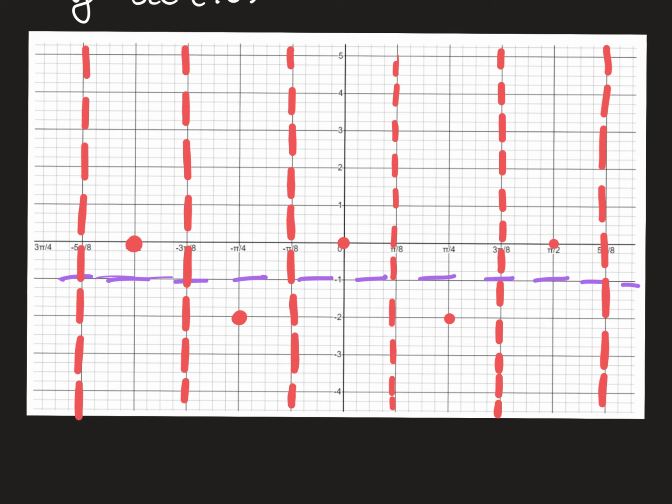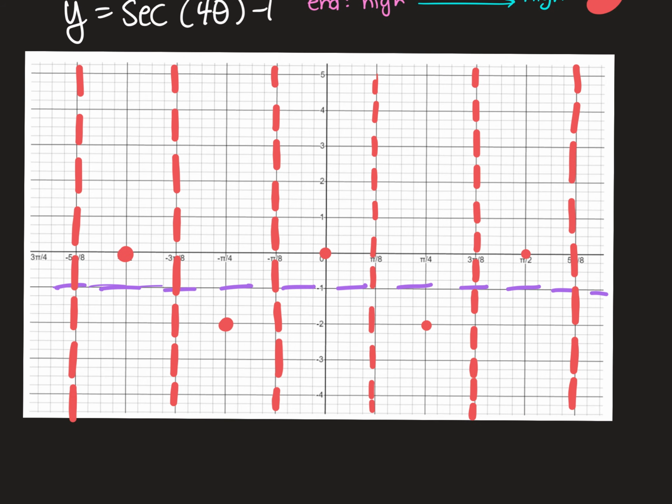So I've got the skeleton. Now I can sketch the graph. The graph itself, remember, is those kind of parabola-looking things. Now, the question is which direction do I draw them? Your little parabola pointing things are always going to point away from your midline. So I'm starting on the right side of the graph.